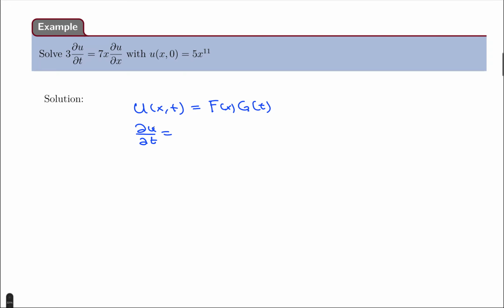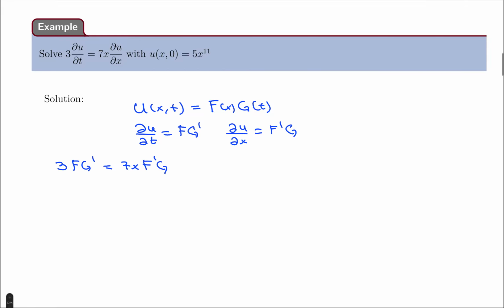That is the partial with respect to t, where f remains constant and g becomes g prime, and the partial of u with respect to x is equal to f prime because that's a function of x, and in this case g remains constant, remains itself. So substituting into the PDE, we obtain 3 f g prime equals 7x f prime g, right?